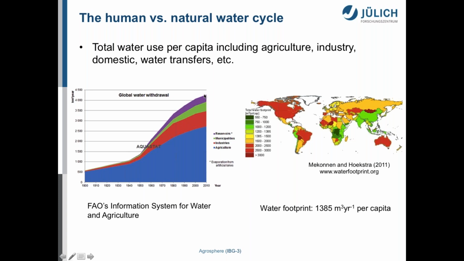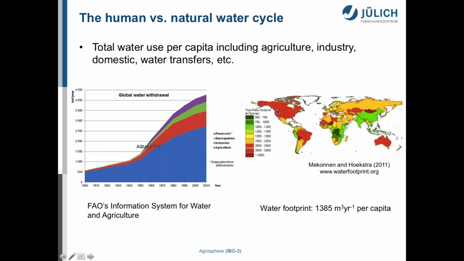I believe this is a little bit on the lower end because, for example, what's not included here is the water quality aspect of withdrawals and human water use. Maybe on the higher end is some information on the water footprint. Also, this is a global map of the water footprint, including the three components of the virtual water, which would be green, blue, and gray water.